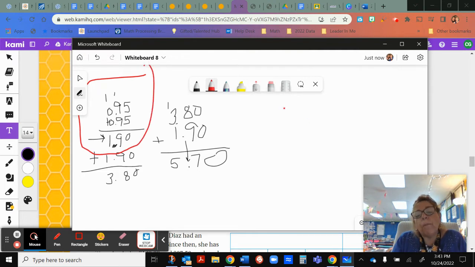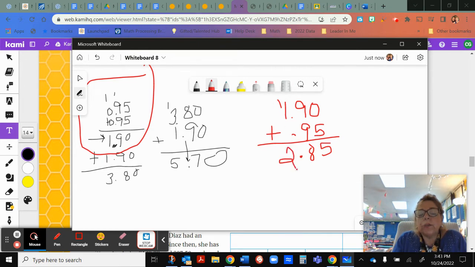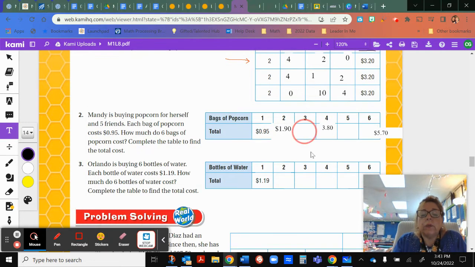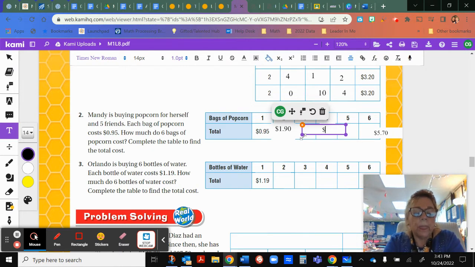So if I bring my $1.90 and add 1 more bag to it, which is 95 cents, right? 9 plus 9 equals 18. I'm going to regroup, bring down my decimal. That's 1, 2. Then the cost for 3 bags is $2.85. And that's where I will get this right here. So I'm going to put $2.85.